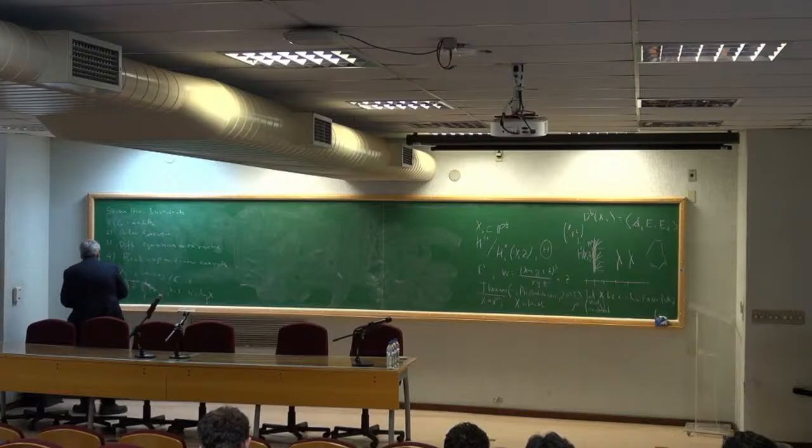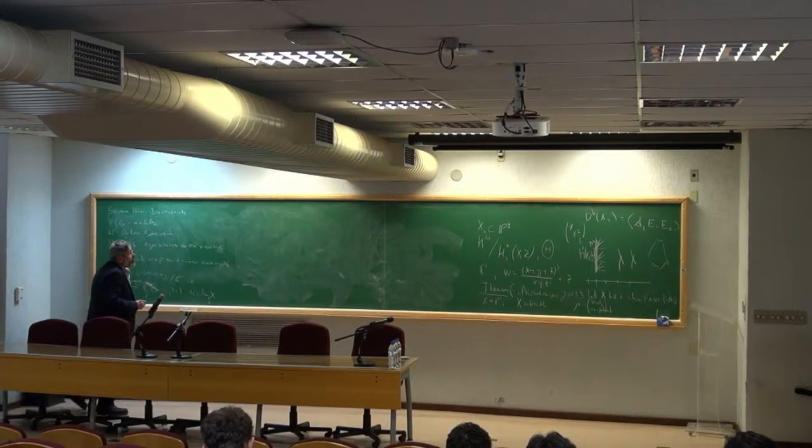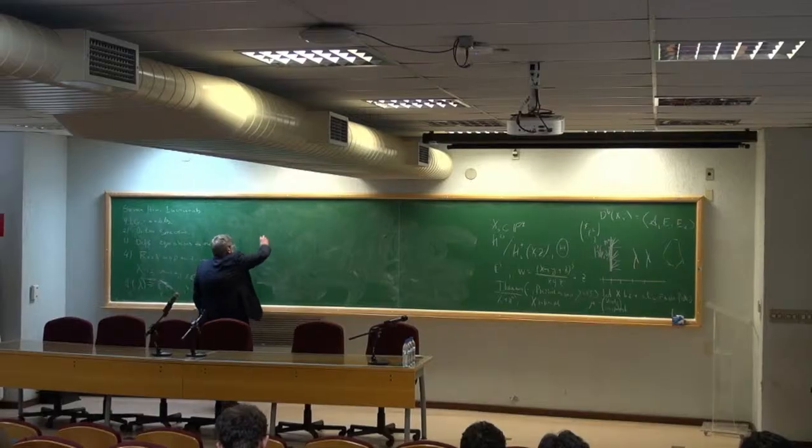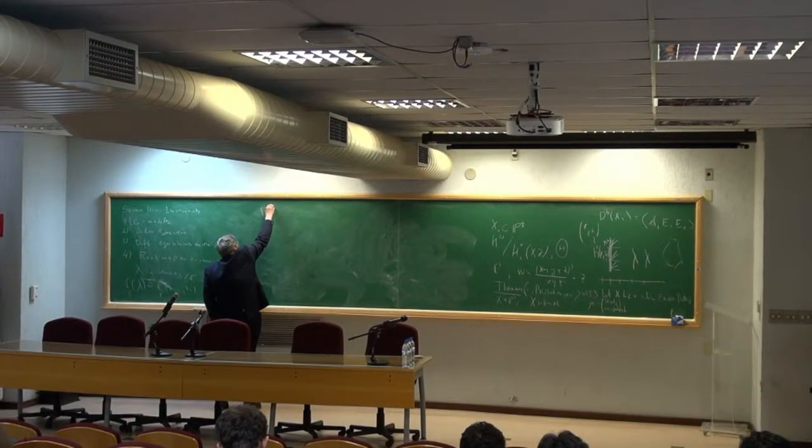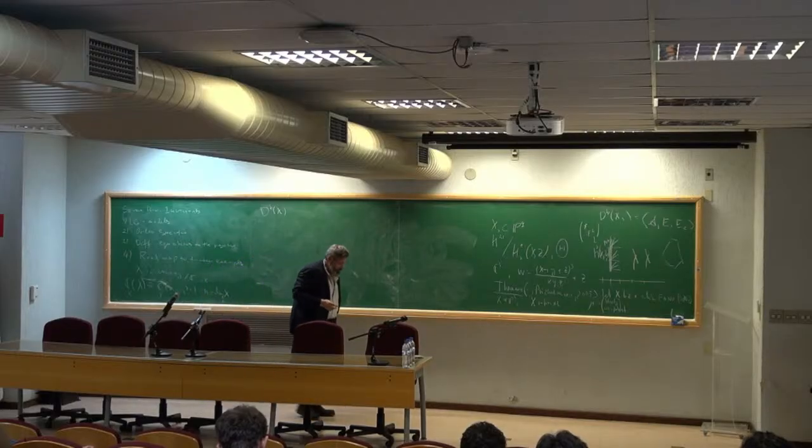So I'll briefly recall what that is. So let's say that we have a category, in particular the derived category of coherent sheaves of a smooth projective variety.